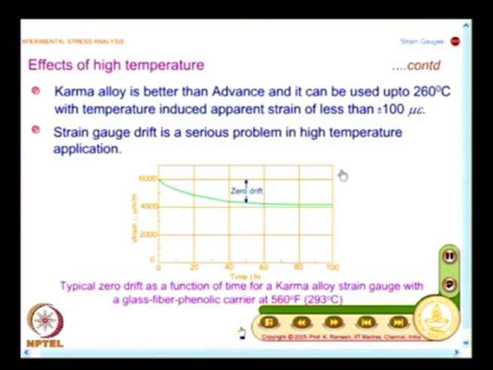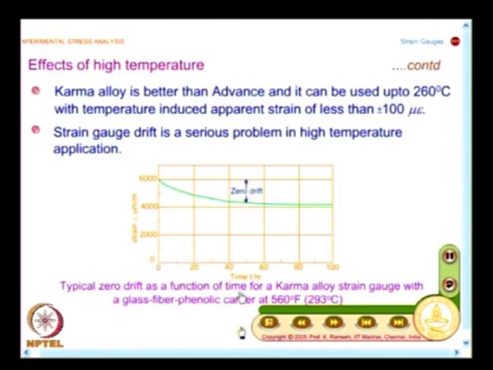And what is recommended is, since I said it is a function of time, to solve this, develop a graph of strain versus time. So, I have the variation of this reading, and this is actually called a zero drift.